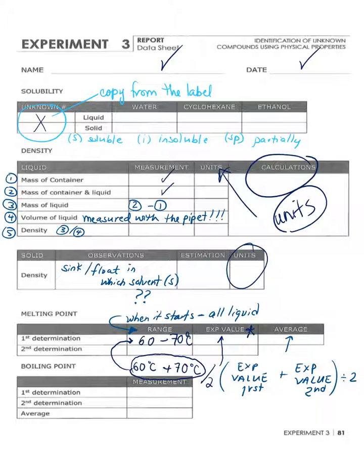The first one is the one for your first range, and the second one will be the average for your second determination. The final average, the last thing in your table, is your experimental value in the first determination plus the experimental value in the second determination, divided by 2, and that's how you get this average here.